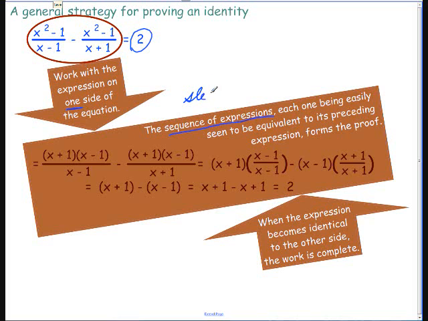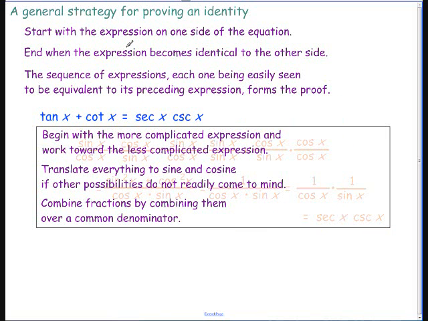So, step by step. Don't skip a step or you will be considered incomplete. Step by step. Start with the expression on one side, end when the expression becomes identical to the other side. The sequence of expressions, it must be easily seen that it is equivalent to the preceding expression.